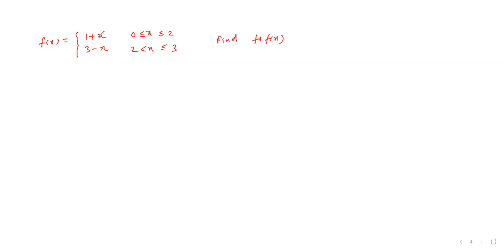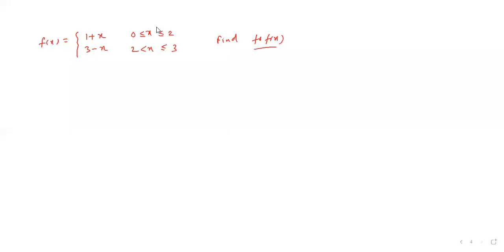Guys, when the question is given in branches and he's asking to find f of f(x), what to do? Just concentrate. Guys, I'm not asking you to solve it. Please concentrate. My question is to find f of f(x).